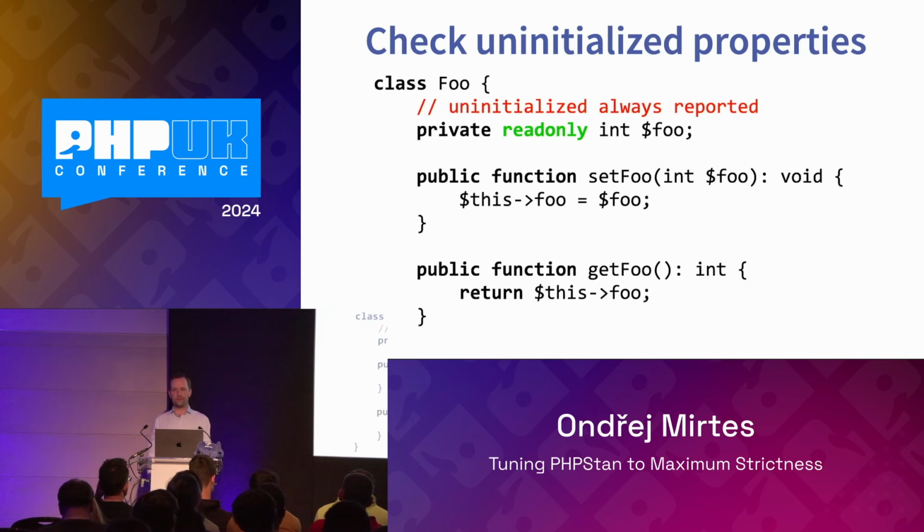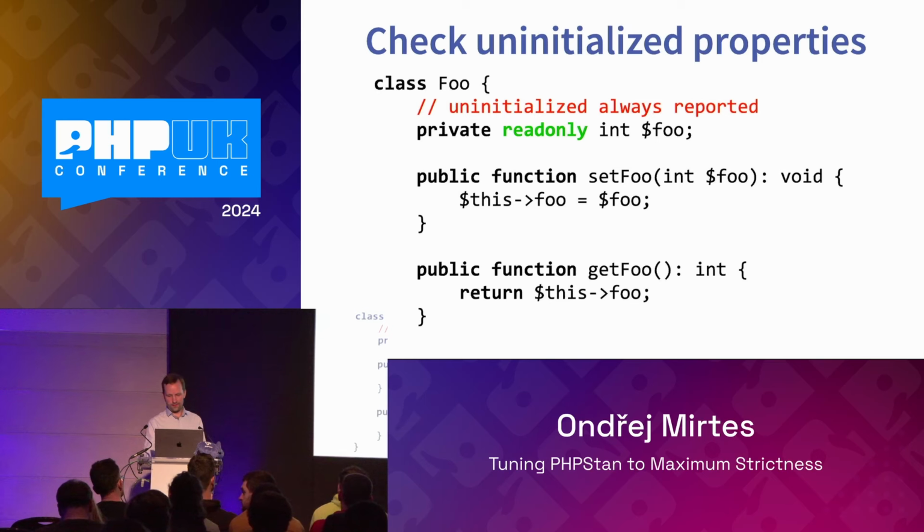It's going to work if you manage to call the setter first, but I am counting on the fact that if you have read-only properties in your code, you want to create an immutable object. So you have to have a reason to create a read-only property. So for read-only properties, this is reported by default without any extra option needed.